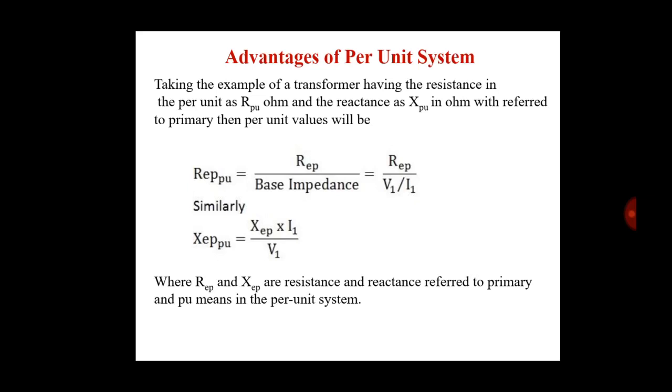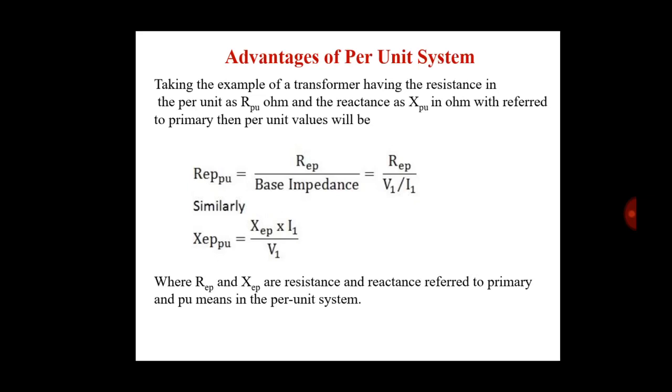Taking the example of a transformer having resistance in per unit as R per unit ohm and reactance as X per unit ohm referred to primary, the per unit value will be: R primary per unit is equal to R primary divided by base impedance, which is V1 divided by I1.